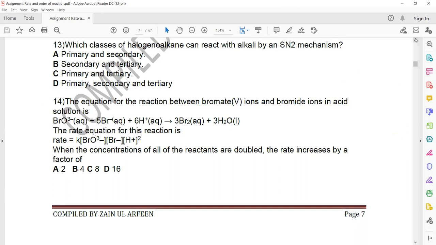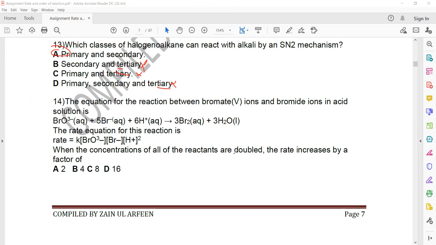That's A, because tertiary is always SN1. With secondary, some can have SN1, some can have SN2, but primary is always SN2, and tertiary is always SN1. So the other options B, C and D have tertiary, so they cannot be. That's why A is the right answer.